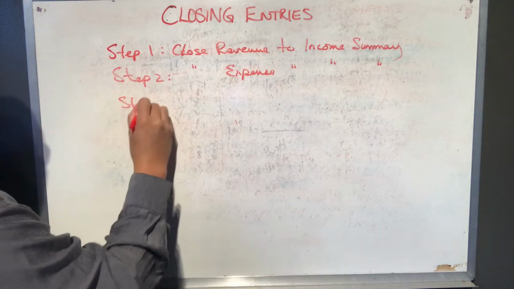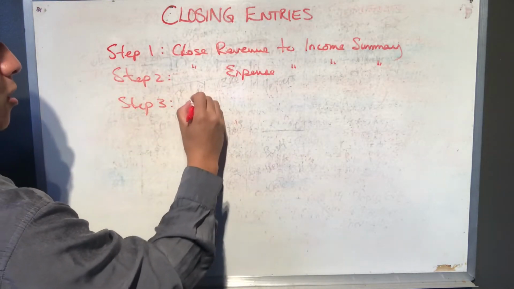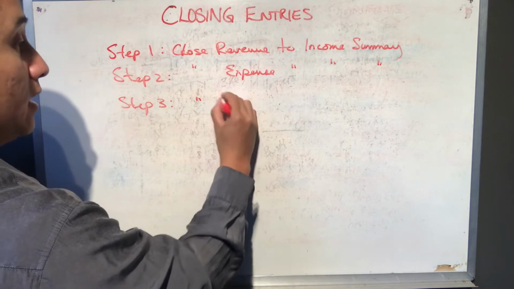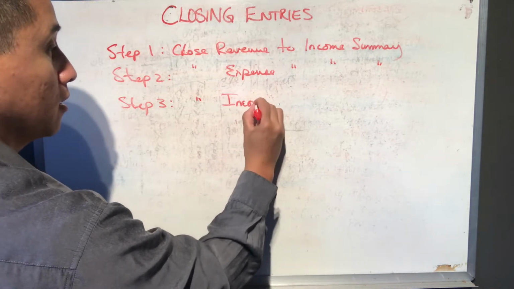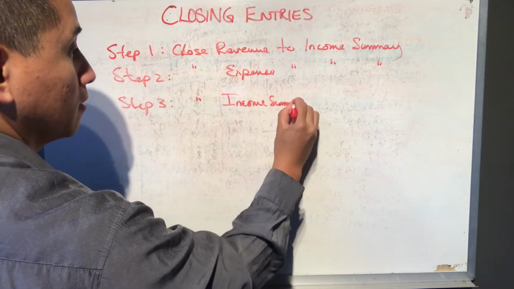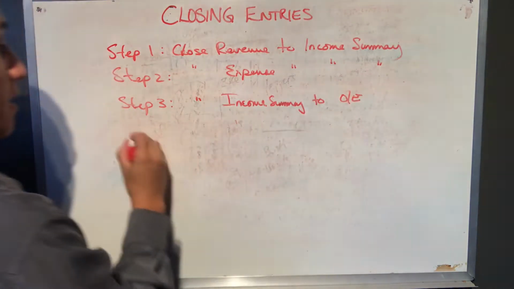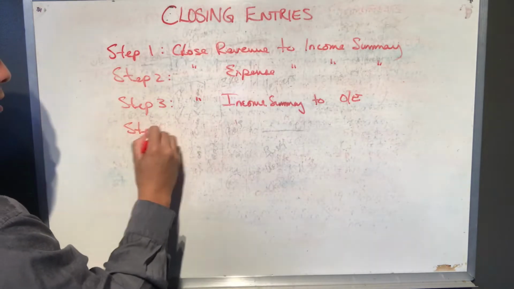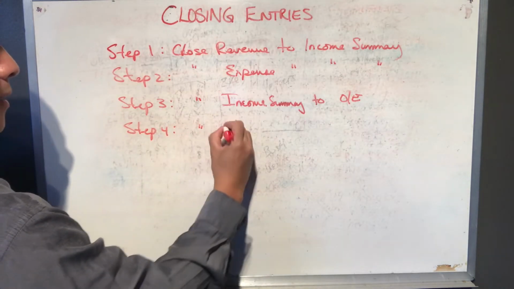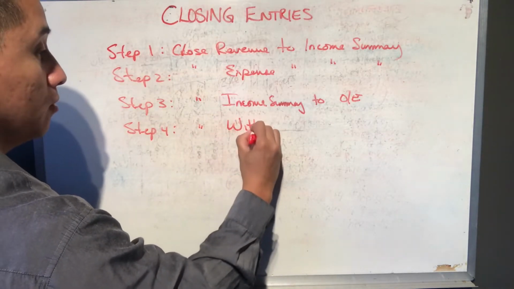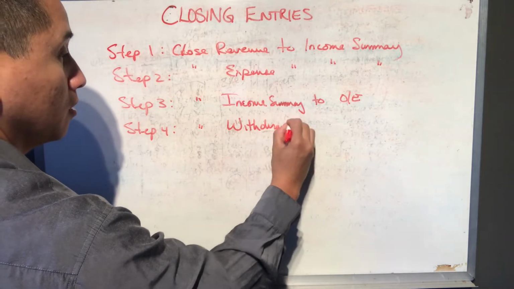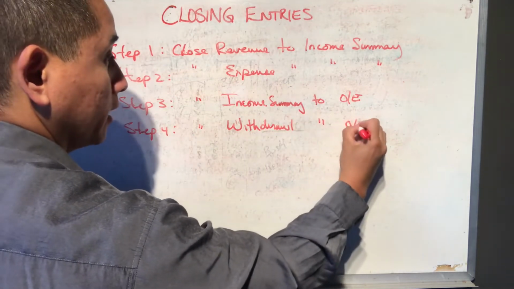Step three would be to close our income summary to statement of owner's equity. And then lastly, step four would be to close our withdrawals account to owner's equity.